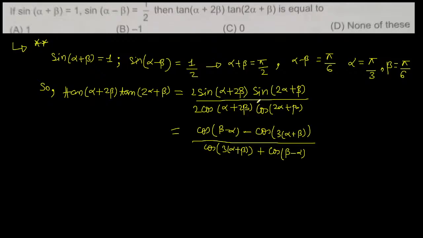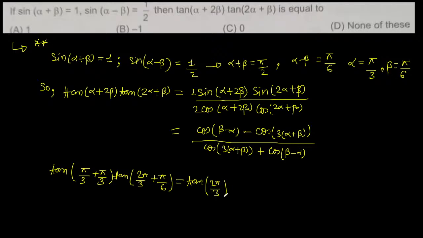So without doing all these things we can simply do tan. Alpha is pi by 3, beta is pi by 6, tan 2 alpha is 2 pi by 3 and beta is pi by 6. So this is tan 2 pi by 3.